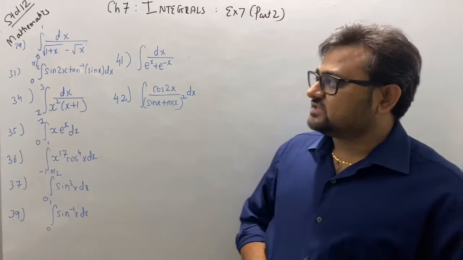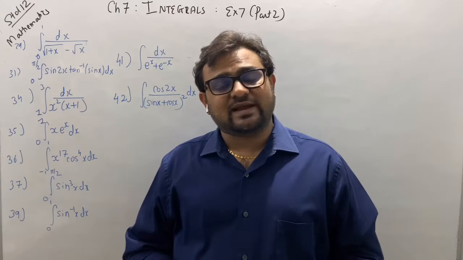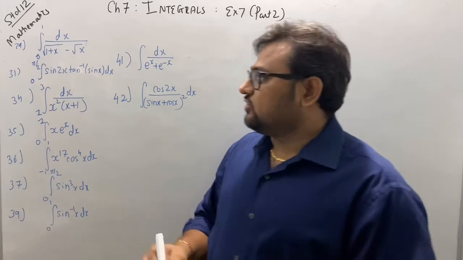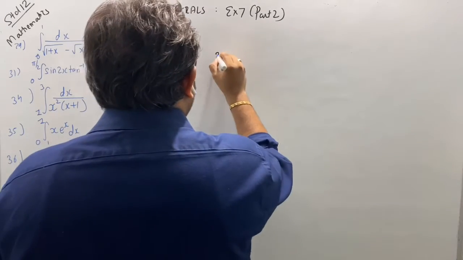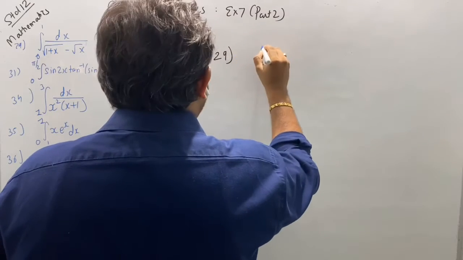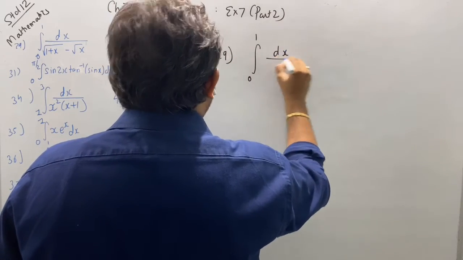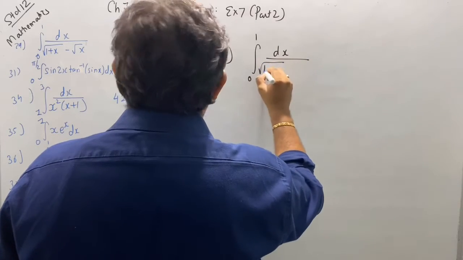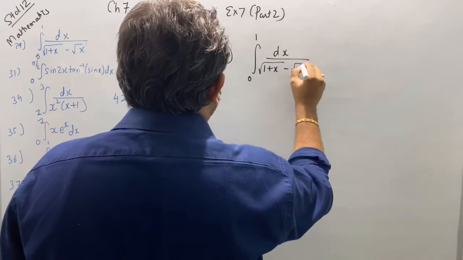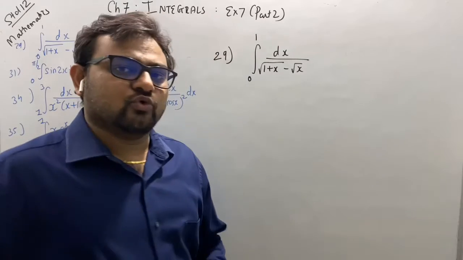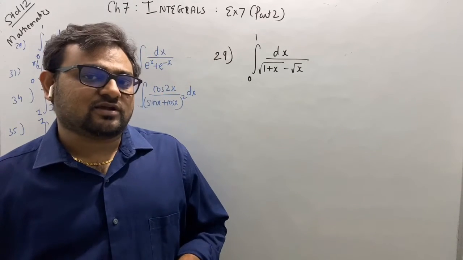Okay, so let's start with question number 29. It's integral 0 to 1 dx upon square root of 1 plus x minus root x. Clear?